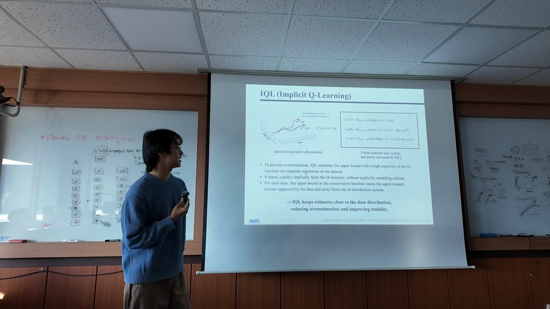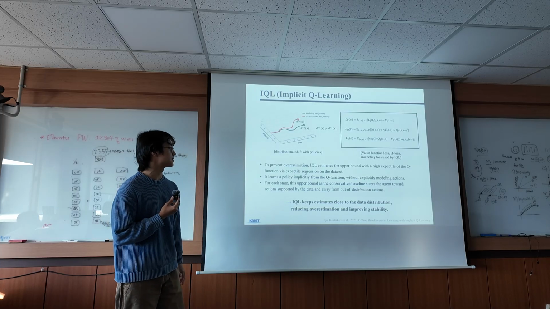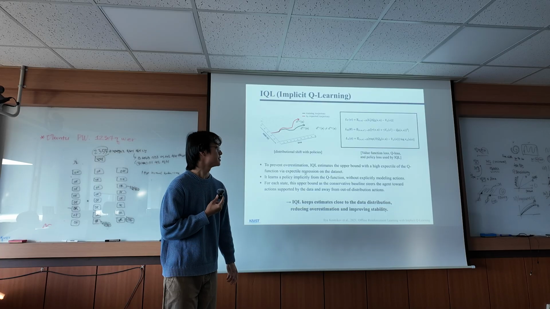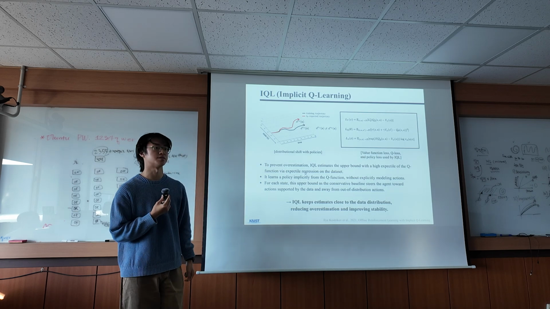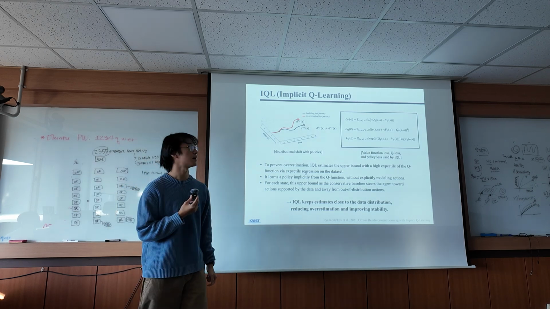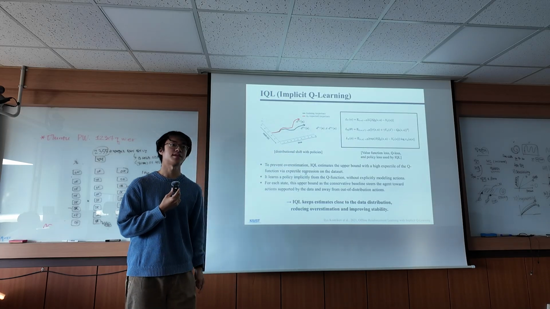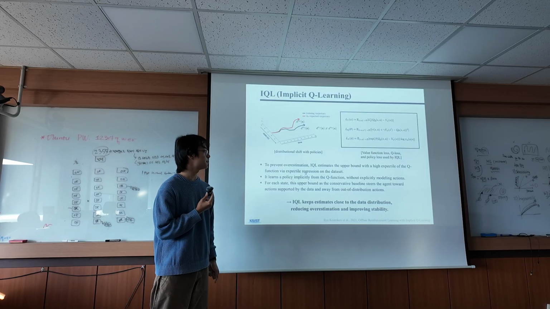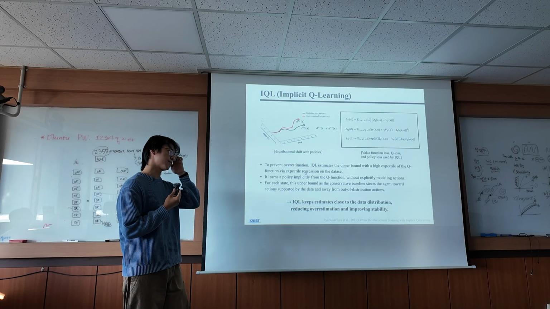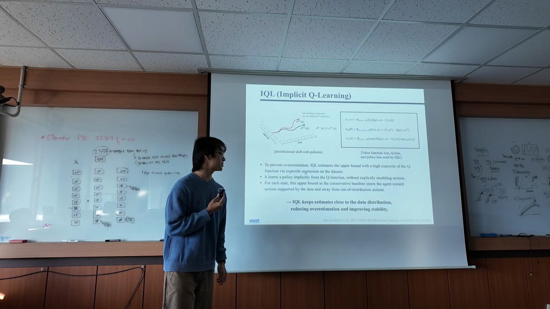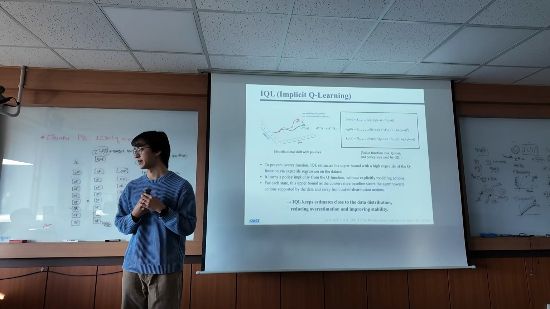It uses the expectile and learns implicitly. For each state, this upper bound is a conservative baseline so that the agent moves toward actions supported by the data and away from out-of-distribution actions. I'm not going to explain the loss and the mathematical theory in depth, but the tendency of IQL is to keep estimates close to the data distribution, reducing overestimation and improving stability.